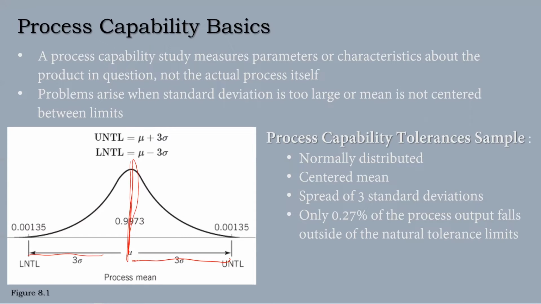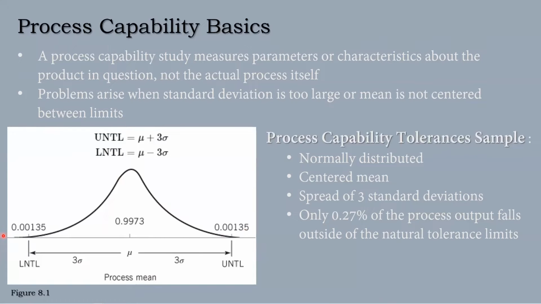This is where our upper natural tolerance limit and our lower natural tolerance limit are located. For a normal distribution, we can see that 99.73% of parts or measurements are within tolerance for this process. This means that only 0.27% of the process falls outside of the natural tolerance limits. We can see that to the right of this and to the left over here.